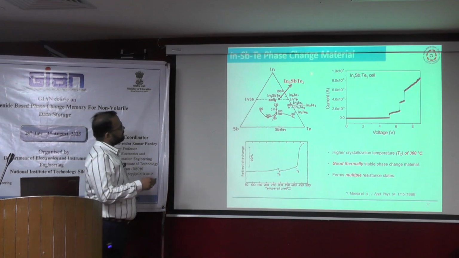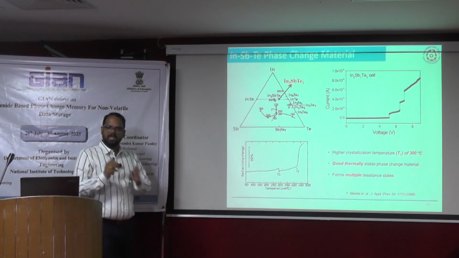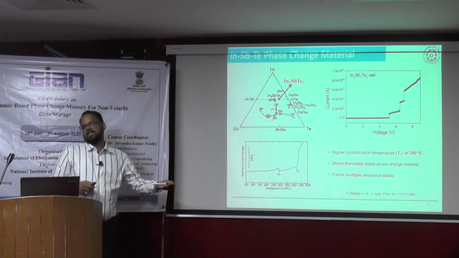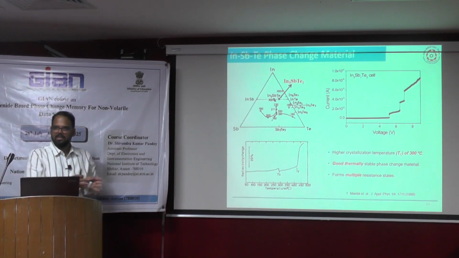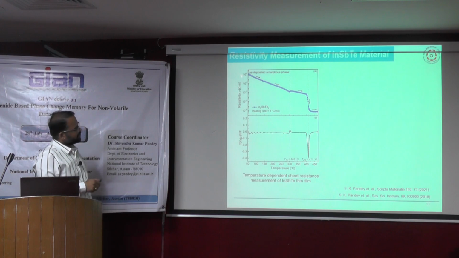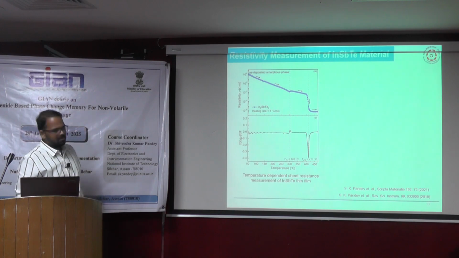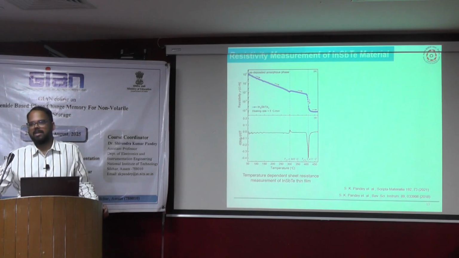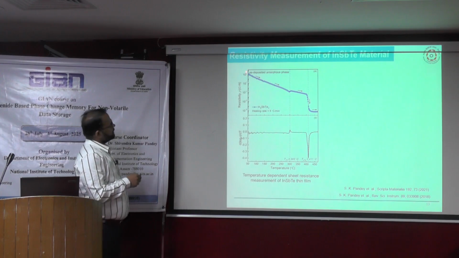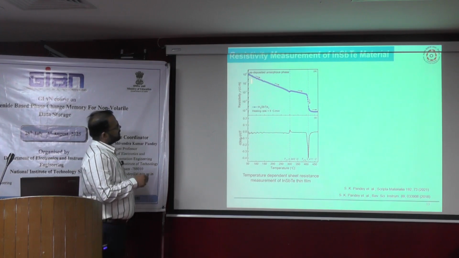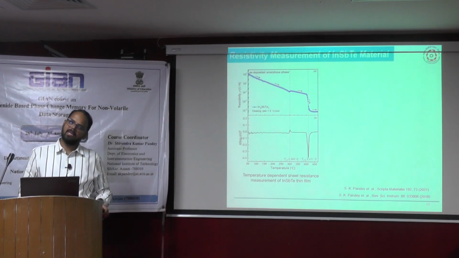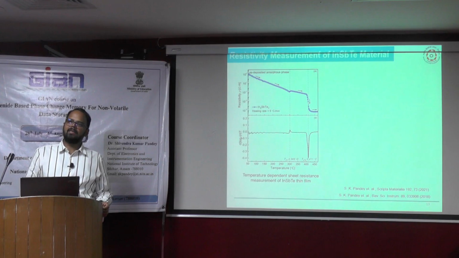So we have done a study on this to identify the multi-resistance state, the way I have discussed the basics to you. In this line, I have explored this material. Initially, we figured out its resistance contrast, and the resistance contrast is pretty high, a bit higher compared to other reported materials like GST225 and GT.